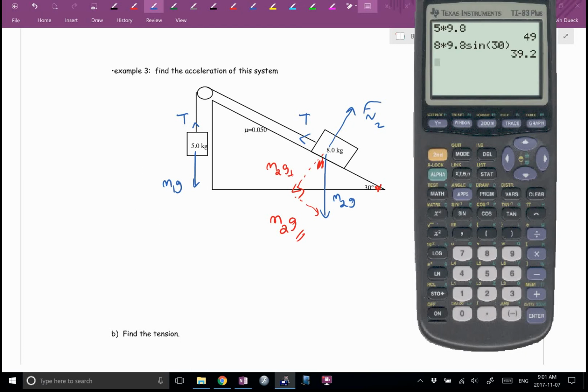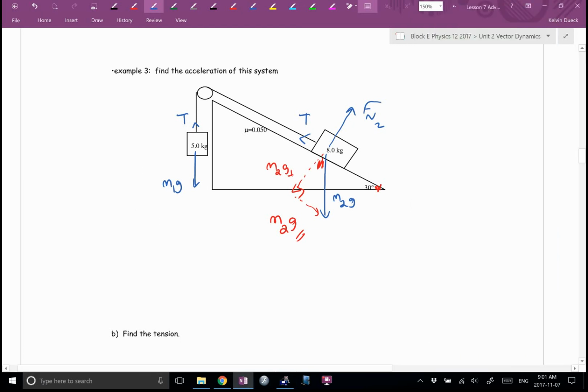So if it's sliding down the hill, which way would I point friction? Okay. We would go like this. Who's winning? We would say M2G parallel. And now we write an equation along the rope. Who's losing?